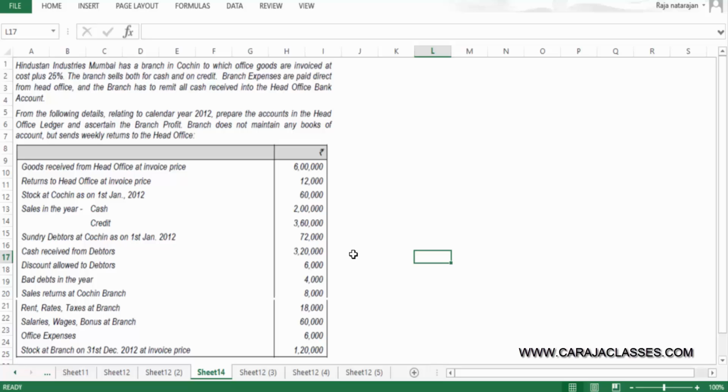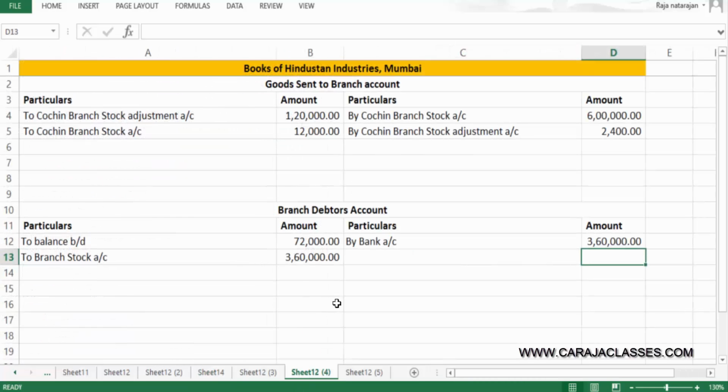No, it's giving the opening balance, but it is not giving the closing balance of debtors. Okay, so we'll make an assumption that all cash that is received from debtors is remitted to HO, because the question also says the branch has to remit all cash received. So whatever is received at the branch will get transferred to HO also, right?